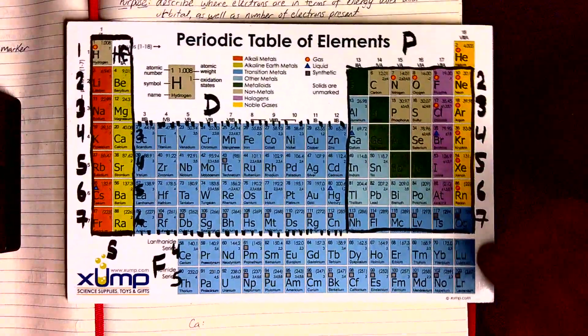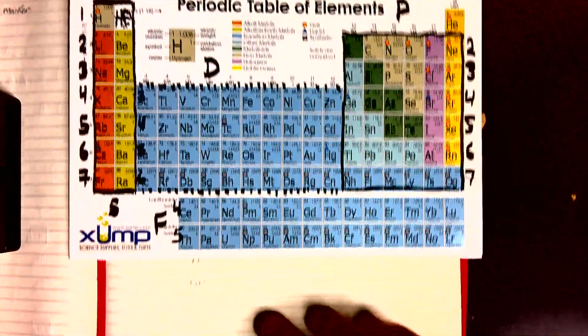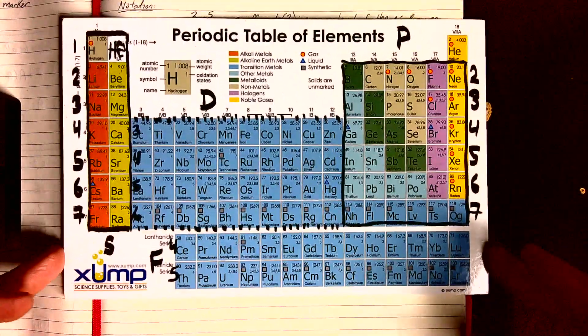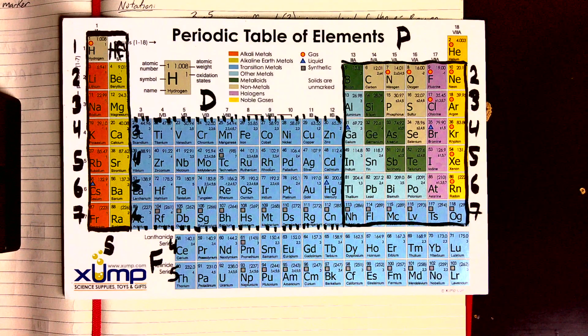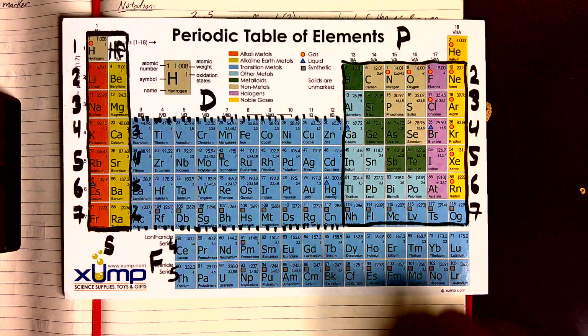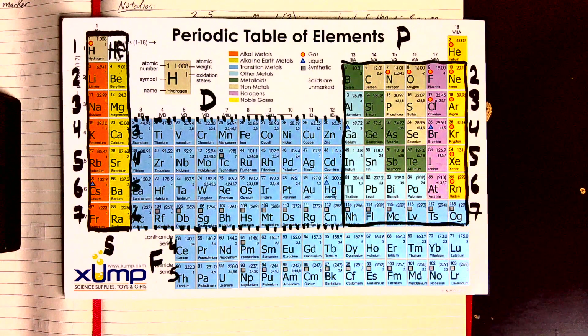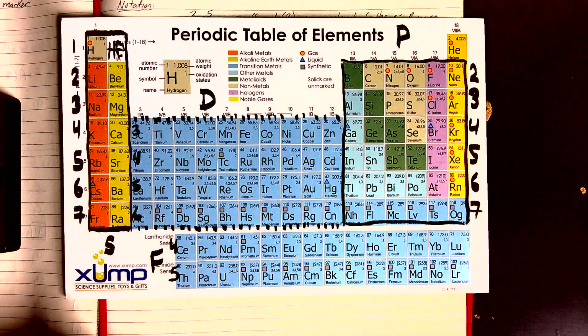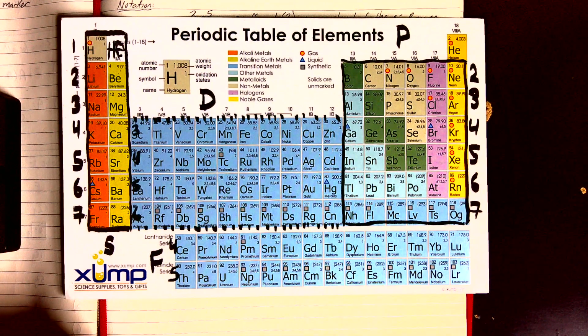Okay, now what we've been doing is called the full electron configuration. And the full electron configuration is informative, but it's also tedious and can take a long time, especially if you're going to do an element that's low on the periodic table. So there is another way to do this, which is called the noble gas method.